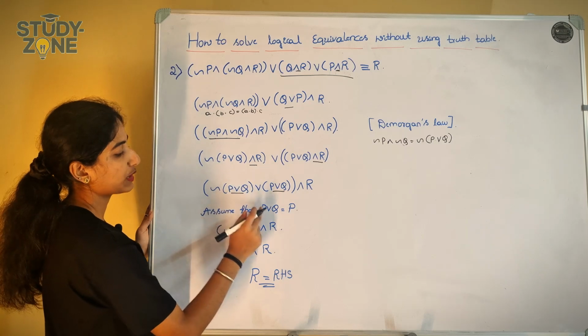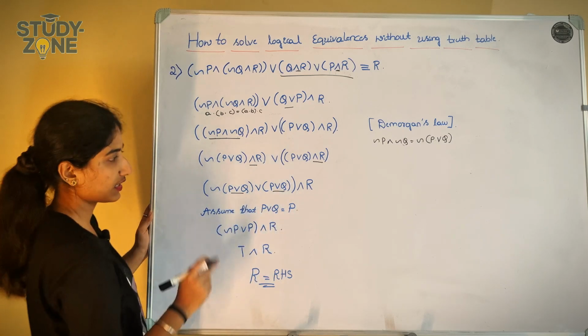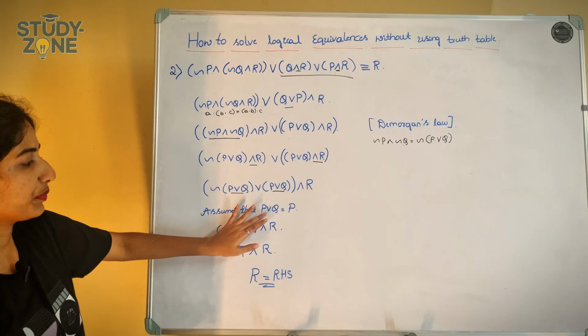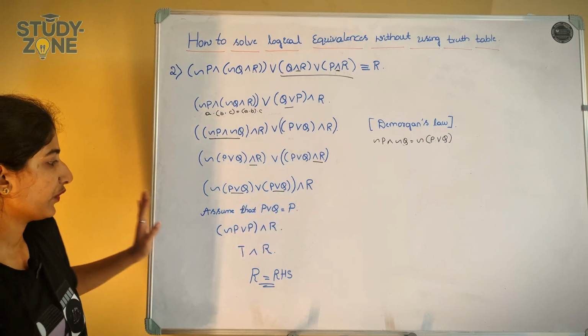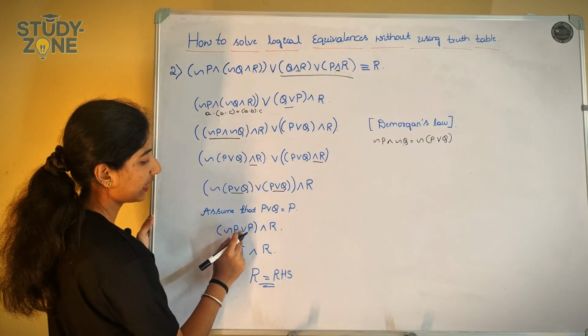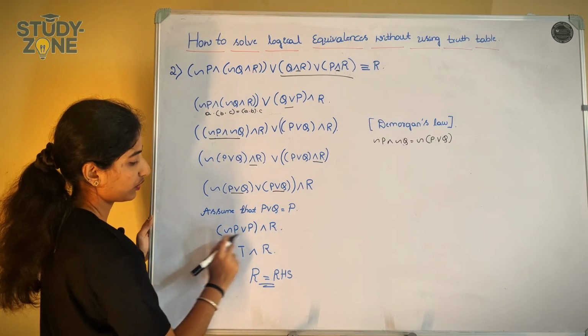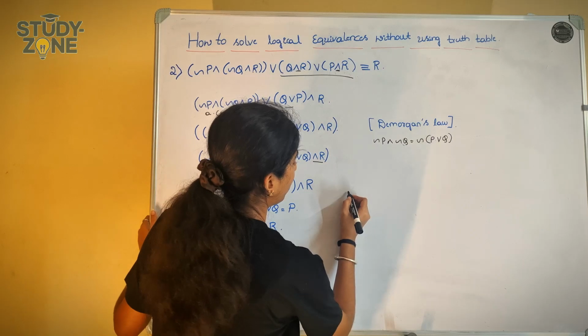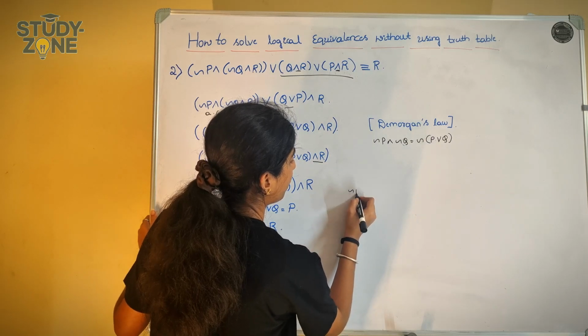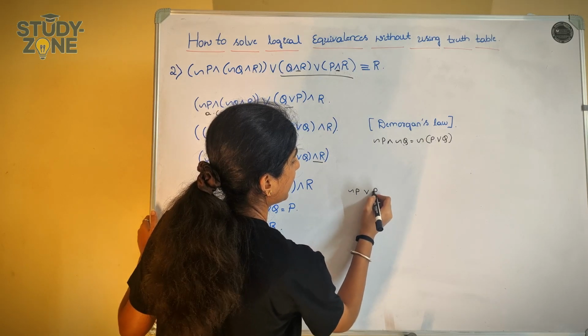Just to simplify, assume P or Q equals P. Okay, which means negation of P or P and R. So to solve this, we have negation of P or P, right?